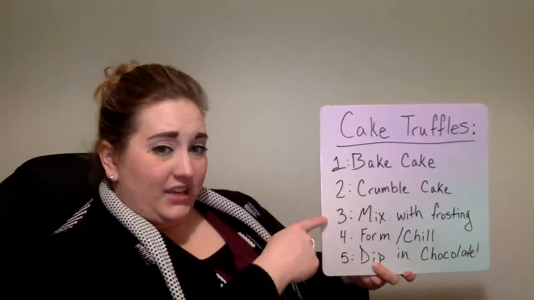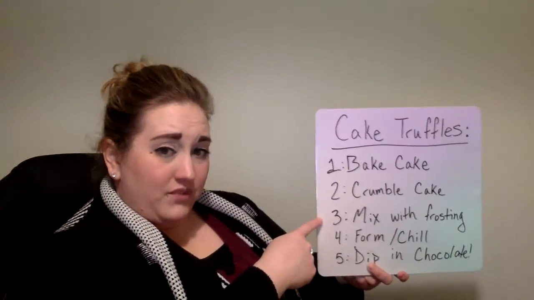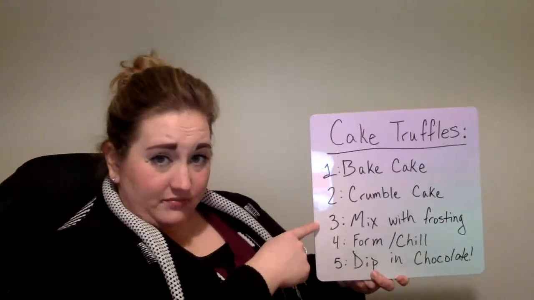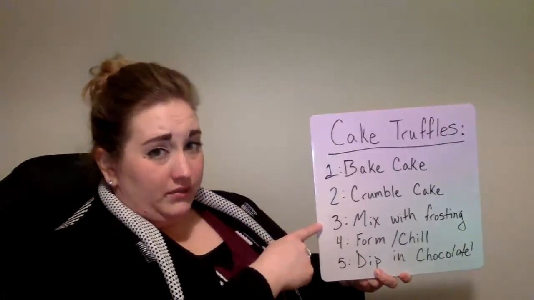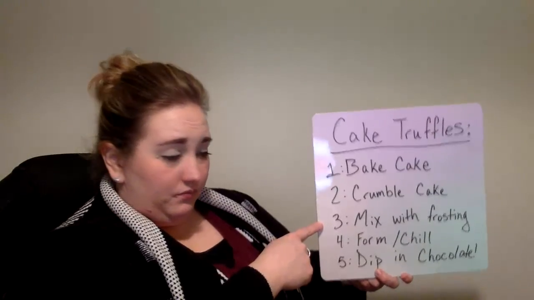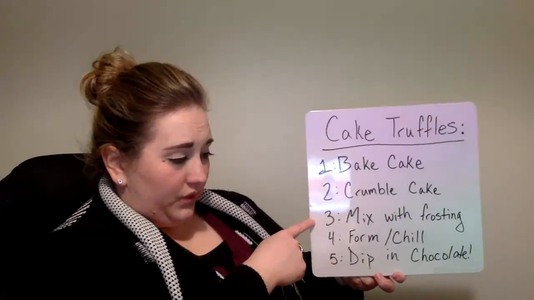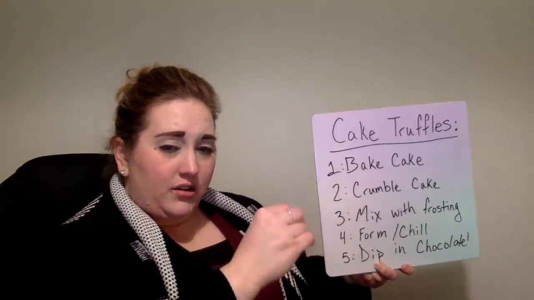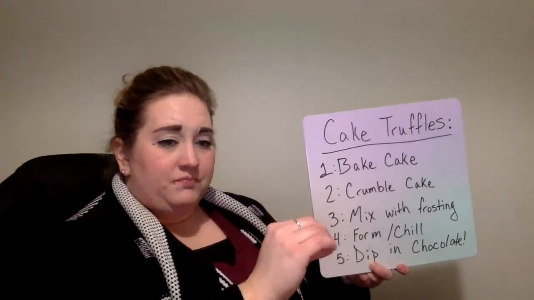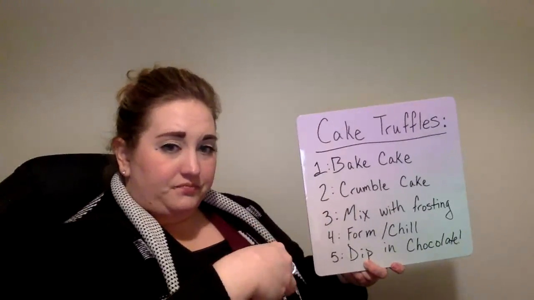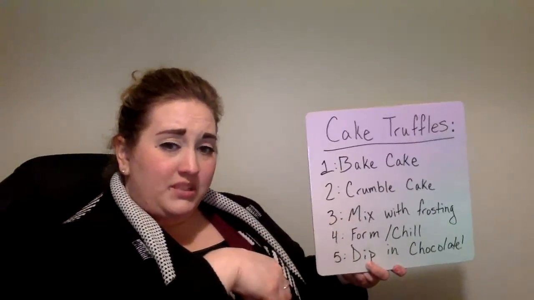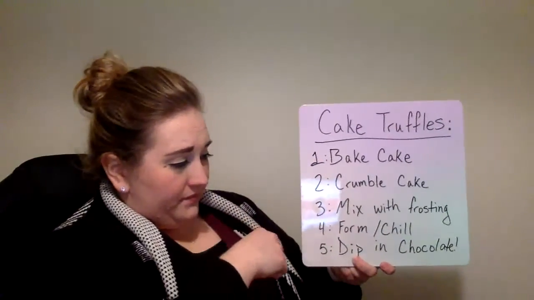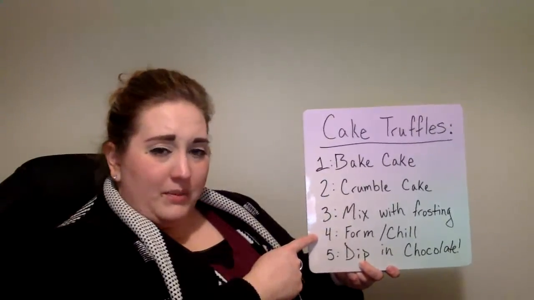Then you mix the cake crumbs with frosting. I mix in most of a can of frosting, but not all of one. Just most of one. I mix them up until all of the cake crumbs are sturdy and they all stick together. If there are still loose cake crumbs, I add more frosting until they all stick together. And then I form them and chill them.